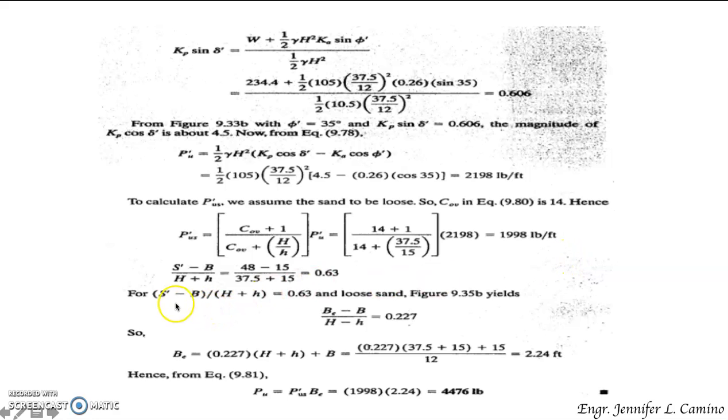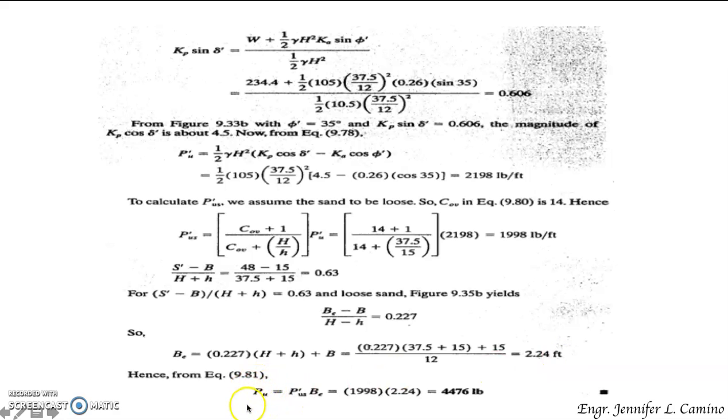And of course, this one can be solved, and that gives us this ratio of 0.63. And for this equation, which is equal to 0.63 and loose sand, our figure 3.35b, you have this expression which is 0.227. You can compute for B sub E, the equivalent length, which is 2.24 feet.